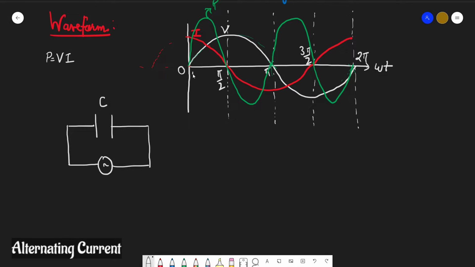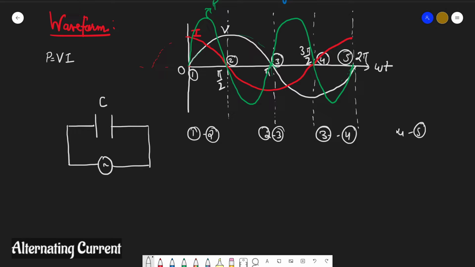This point is 1, this is 2, this is 3, this is 4, and this point is 5. We will look at the ranges 1 to 2, 2 to 3, 3 to 4, and 4 to 5, four sections. Let us talk about power first. It is positive, and you know that positive power means absorbed power.